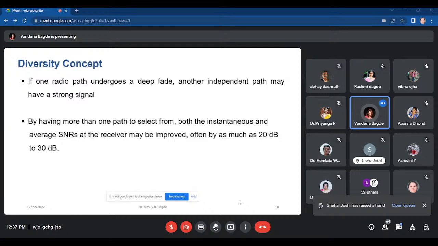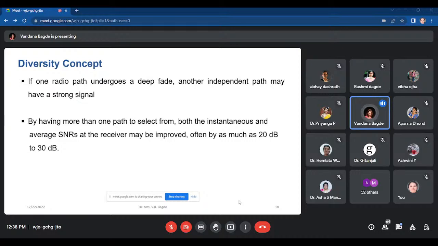What exactly is diversity? If any one radio path, meaning a radio signal which is getting transmitted from one user destination to another, gets a deep fade, meaning attenuation, a variation in amplitude with respect to time, then another path has to be there which will have a strong signal, so that there is no disconnectivity between these two channels.